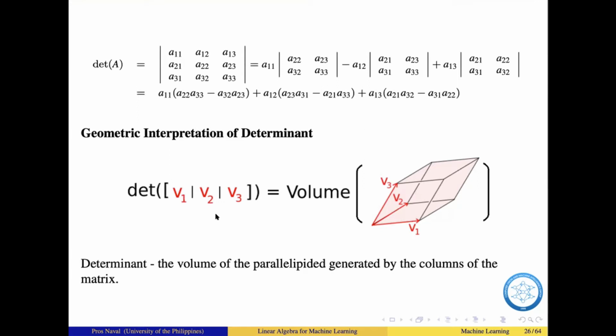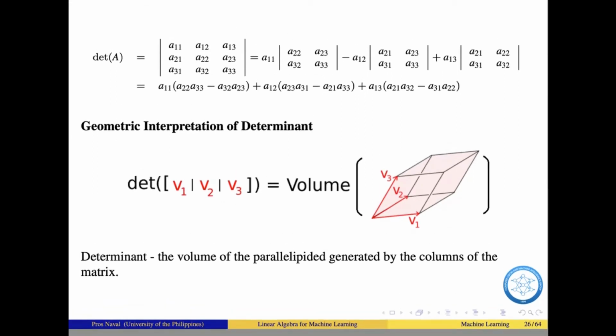Take note, however, that the value of the determinant can be negative. So let's just ignore the sign. It becomes negative when one of these is pointing in the negative direction, but still you have a volume. Just ignore the sign, and it still gives you the more familiar concept of volume.